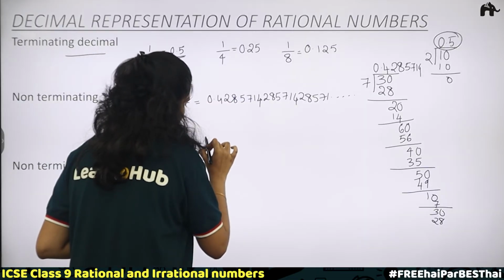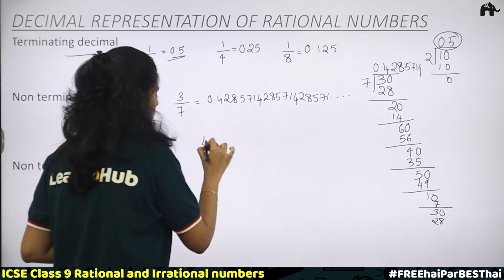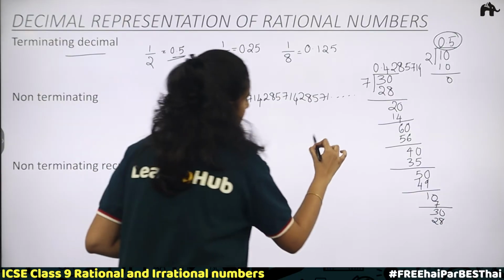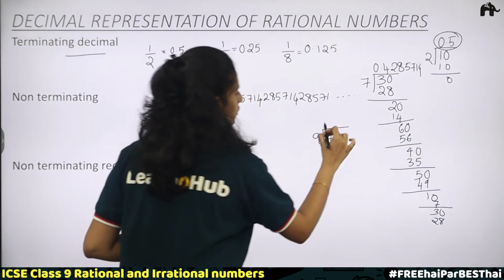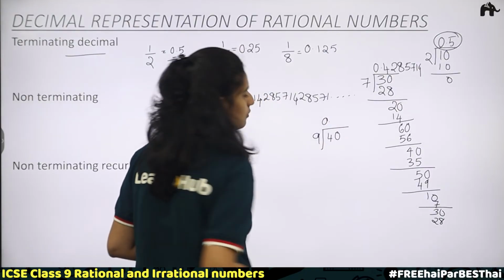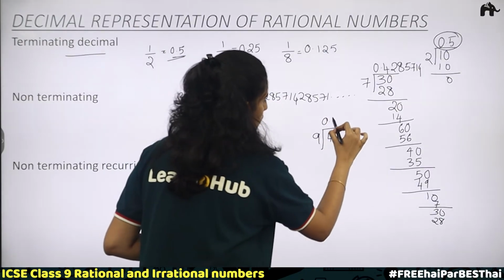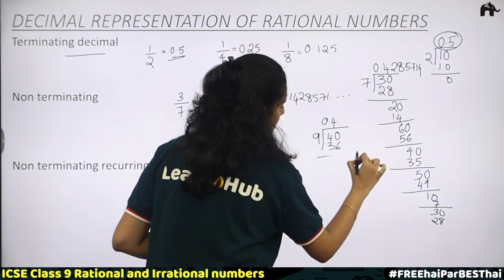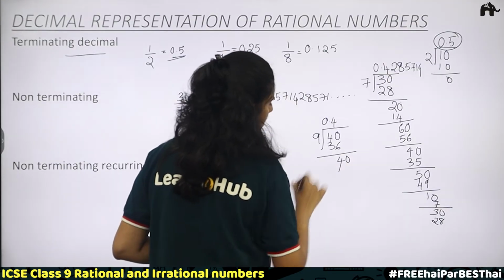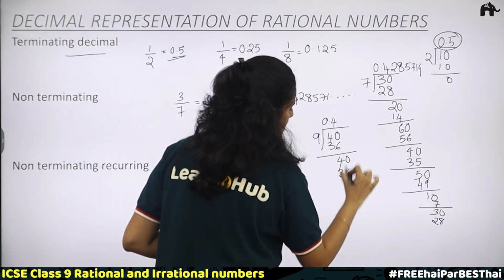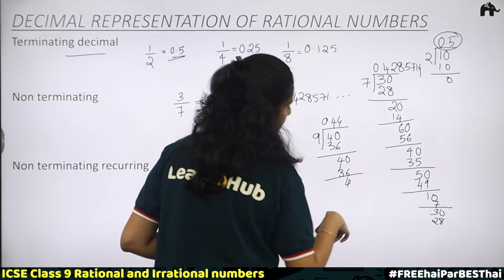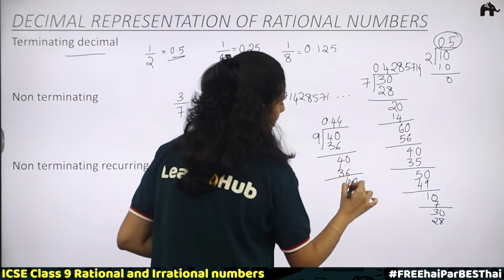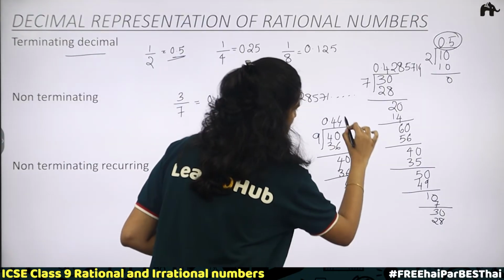Okay. Next, non-terminating recurring. For example, if you take the number 4 by 9, dividing 4 by 9. Okay. You will be getting 0.40, 9 into 4, 36. 4 remainder, again 0, 9 into 4, 36. Here you have 4. Again taking the remainder, putting 0, 9 into 4, 36, 4.